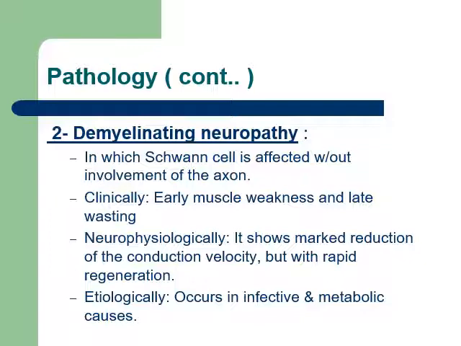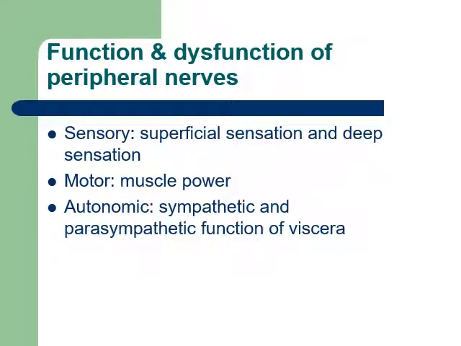That's why there is still conduction, which keeps the muscle state normal until the neuropathic affection becomes more apparent and severe. And they are also different neurophysiologically and etiologically. Demyelinating neuropathy is usually seen with either compression or following infection, especially in autoimmune disorders.